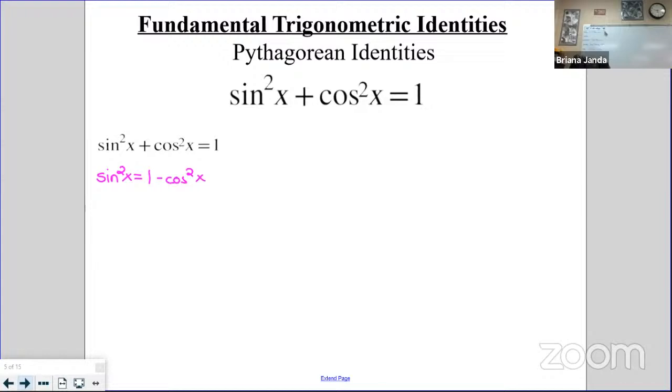If I were to solve this equation for cosine squared, I would subtract that sine squared over, and I would have that cosine squared of x equals 1 minus sine squared x. So this is all the same equation, right? All I have done so far is just move things from right to left in our equation. But sometimes it's just helpful to have those already staring at me than have to do it each time.